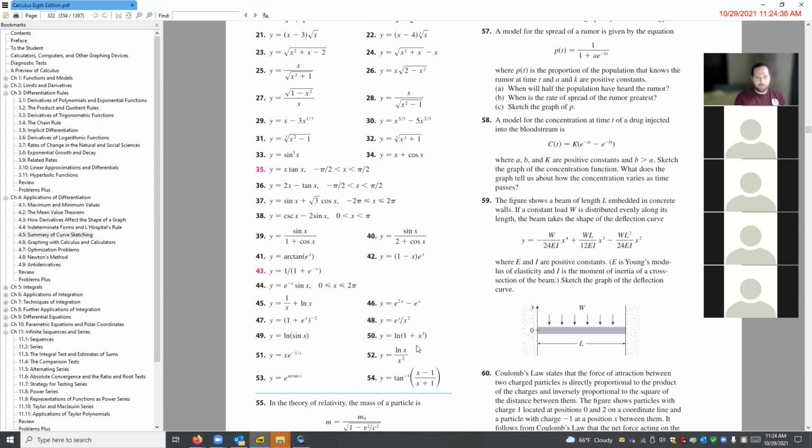So if I look at problem number 52 down here, we're not going to go through the whole problem because these take forever, but okay, so I've written it this way.